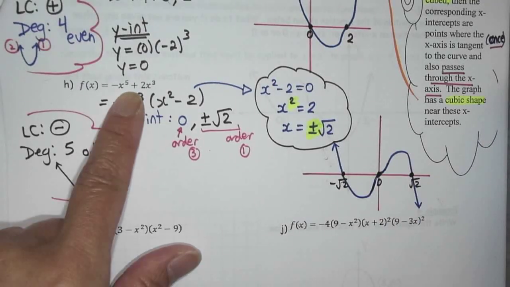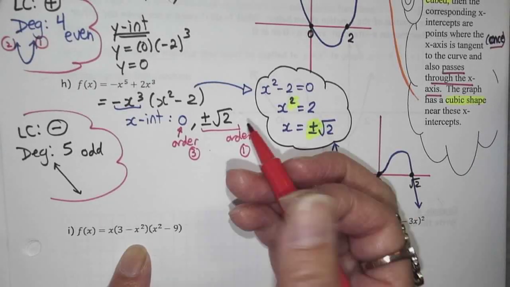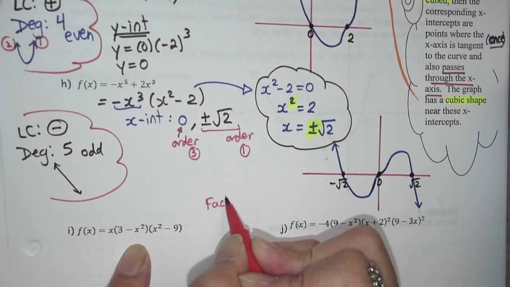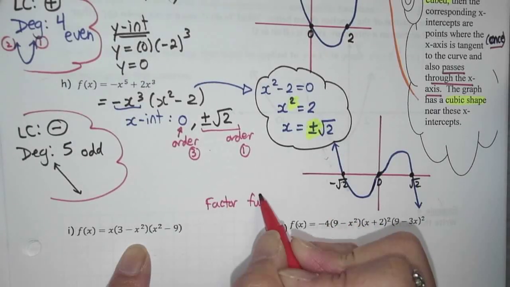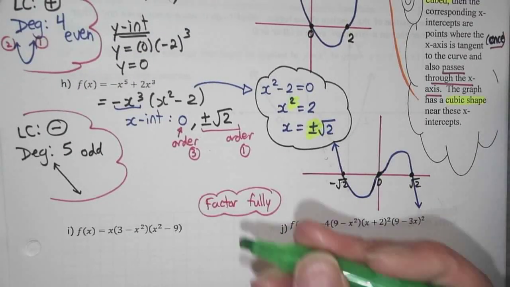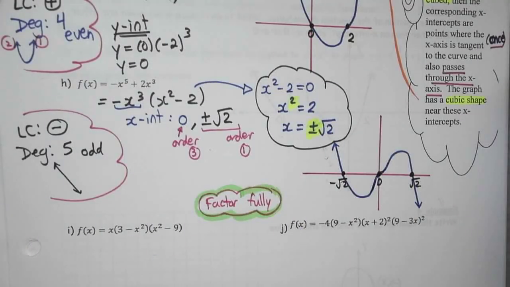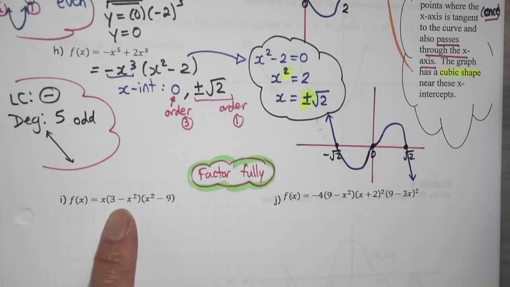The only thing here was that we now have to factor, okay? But we also want to factor here. What I want to highlight is that we can still factor fully. Factoring fully is what we always want to do. Make sure everything's fully factored.